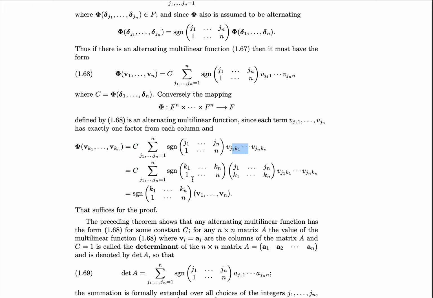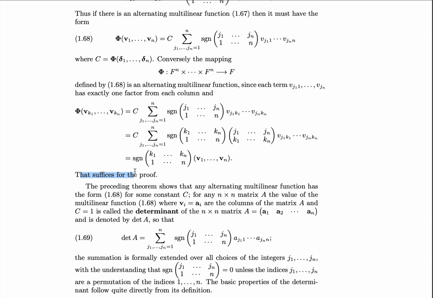But we can reorder this sign term into this product, where we can now take it as the sign of (k_1, ..., k_n) times the product of v_{j1,k1} up to v_{jn,kn}. Since we're summing over these, this is simply a sign of (k_1, ..., k_n) times the sum over the vectors v_1 up to v_n, once we take the sum back in and apply the definition of c.